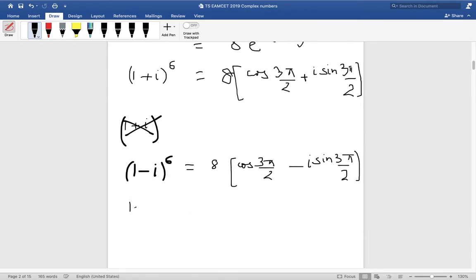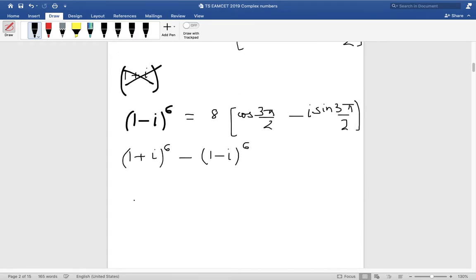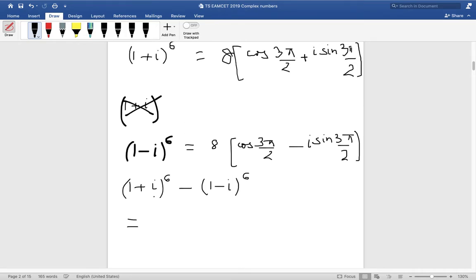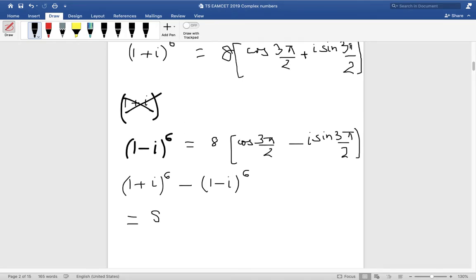So (1 plus i) raised to the power 6 minus (1 minus i) raised to the power 6 will be equal to 8 cosine 3 pi by 2 plus iota times 8 sine 3 pi by 2.